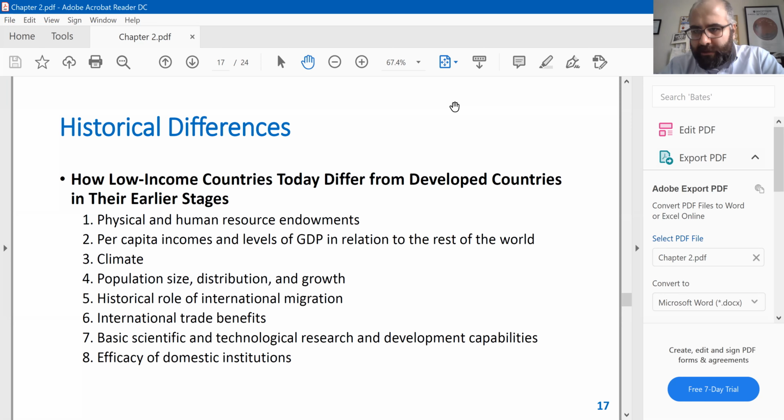And domestic institutions. Now, we discussed that institutions matter a lot, and we will see in the upcoming weeks how different types of formal and informal institutions matter for development outcomes and also are affected by the patterns of economic, social, and political development, right? So most of today's developed economies were near feudal economies.